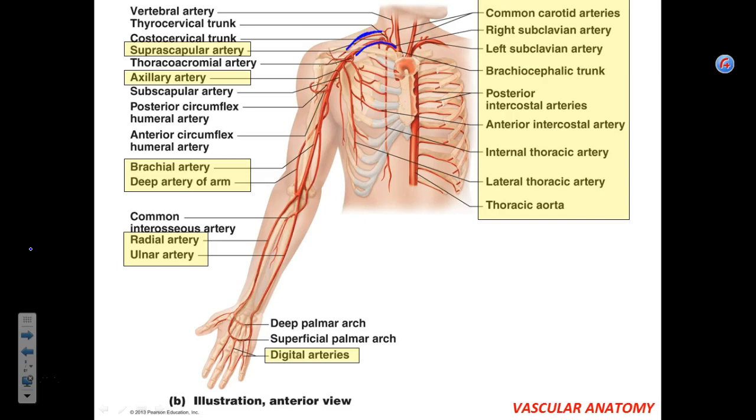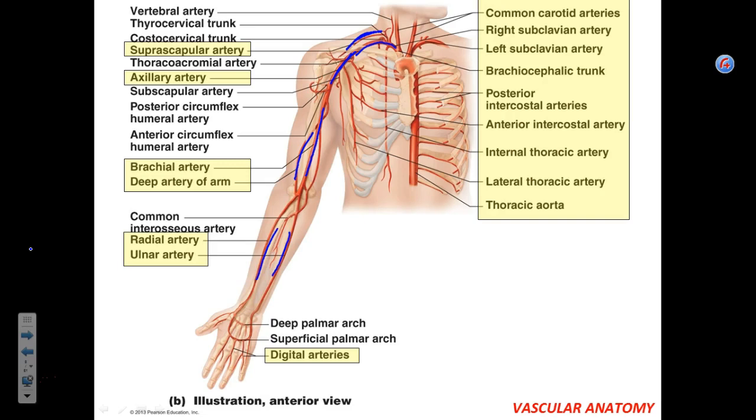So that's suprascapular. This is axillary. And then you have a huge brachial artery and the deep artery of the arm that sort of surrounds the humerus from the posterior region. Okay, and then brachial artery branches into the radial and ulnar.